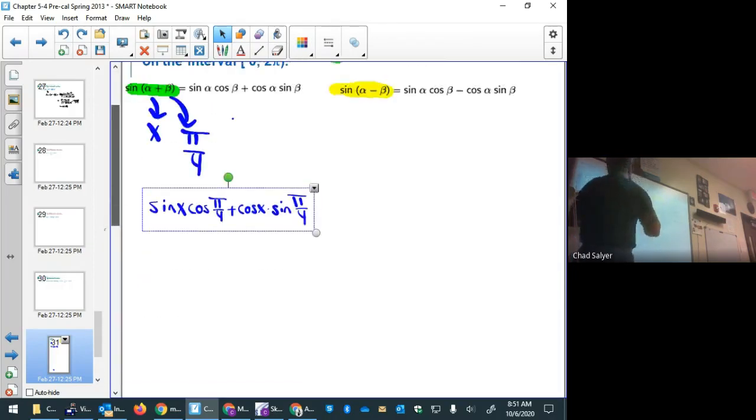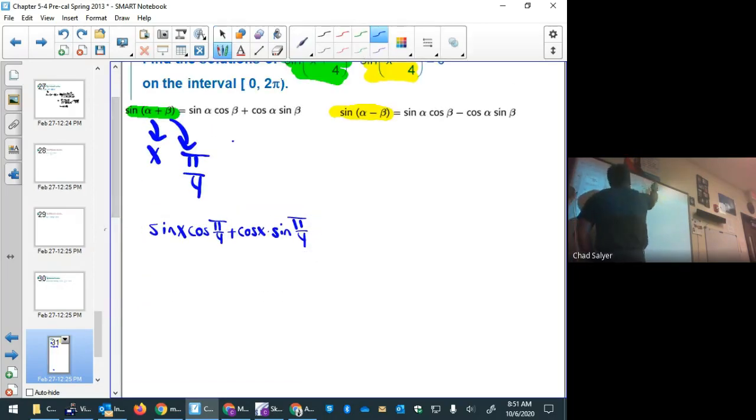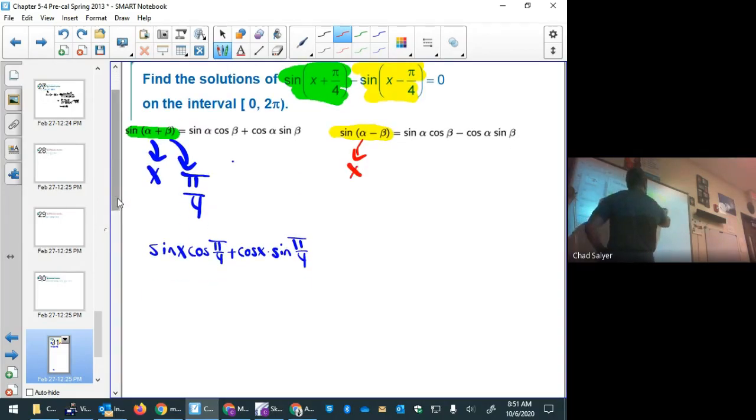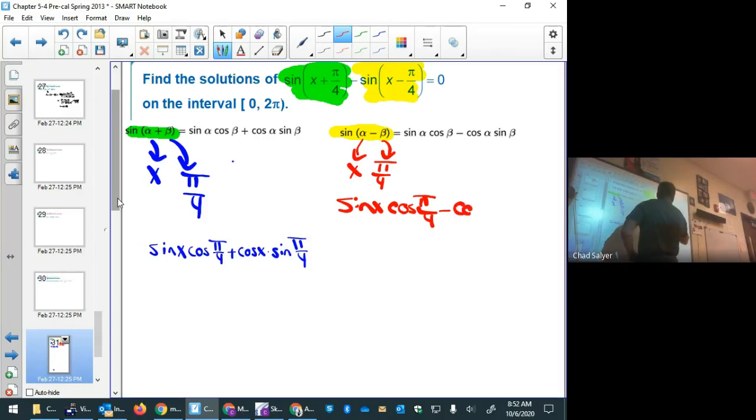And then we're going to subtract away this expression, which in this case, the alpha is x. And the beta is also pi over 4, so same as the first one. So let's see here. Sine x times cosine pi over 4 minus cosine x sine of pi over 4.